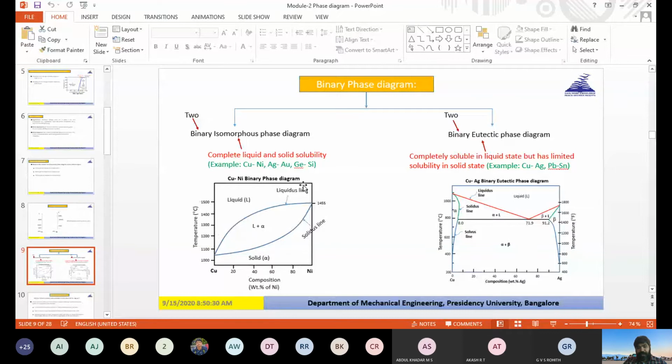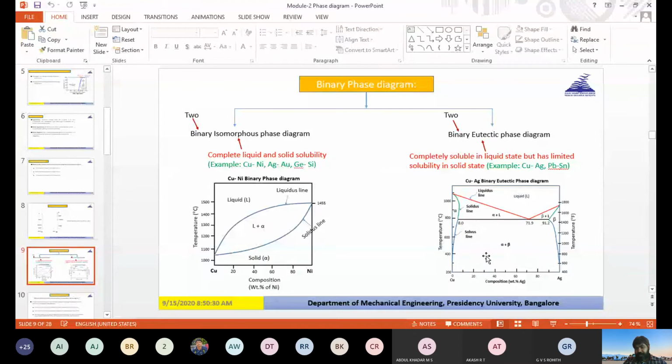Simply have a look. I will explain it, but simply have a look. When you have complete solid as well as liquid solubility, you are going to get this type of diagram. But if you do not have complete solid solubility of the two components in each other, then you are going to get this type of diagram. Here, this is the copper silver phase diagram I have taken, the copper silver binary eutectic phase diagram.